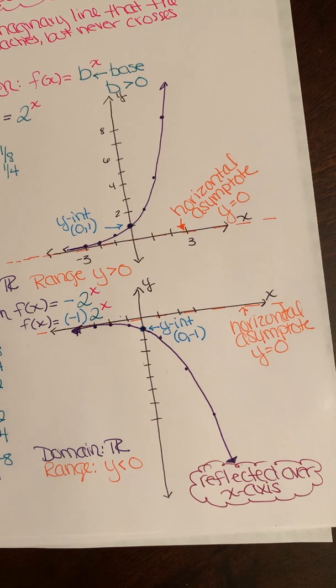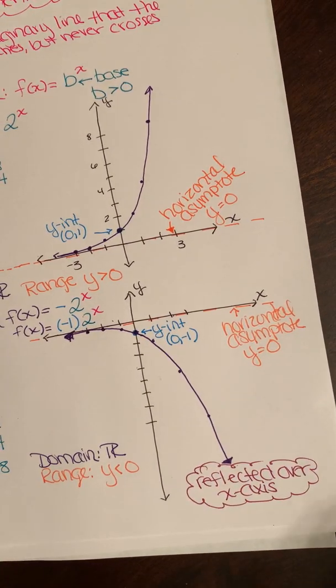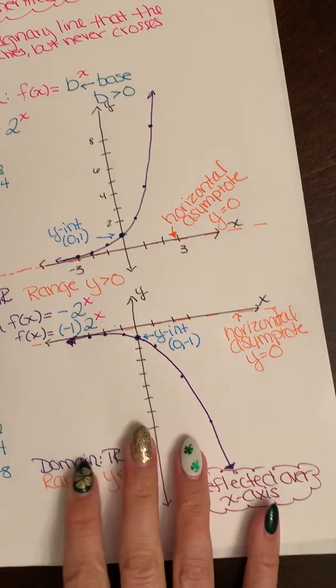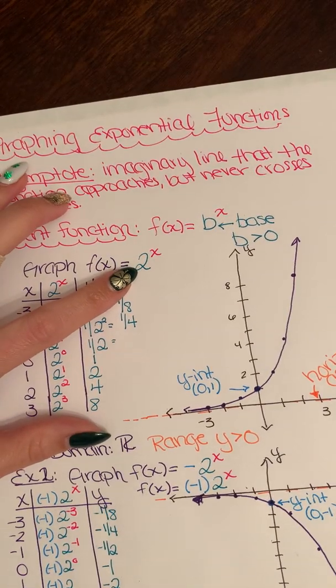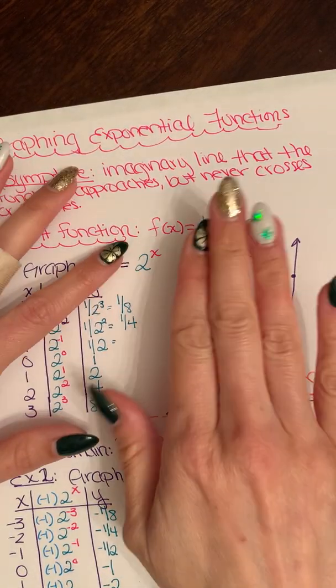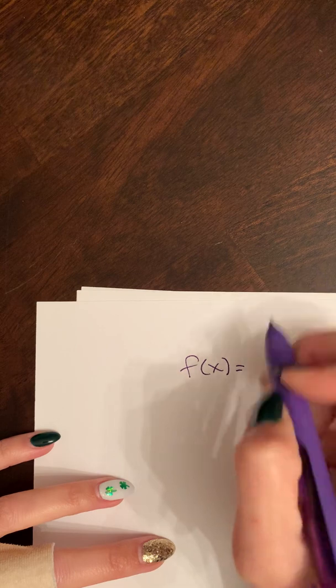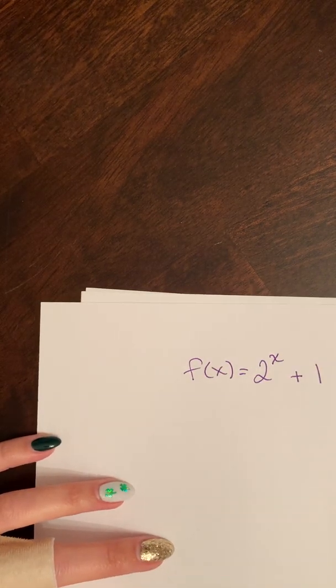So what you're going to do next is on Google Classroom, there are 4 examples, and it's going to take you through adding or subtracting from the parent function to x. So it'll look like 2 to the x plus something. So if you had like f of x is equal to 2 to the x and then plus 1, right?